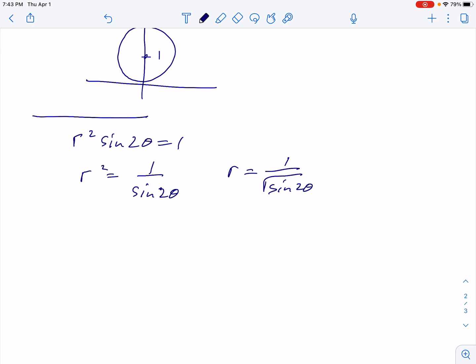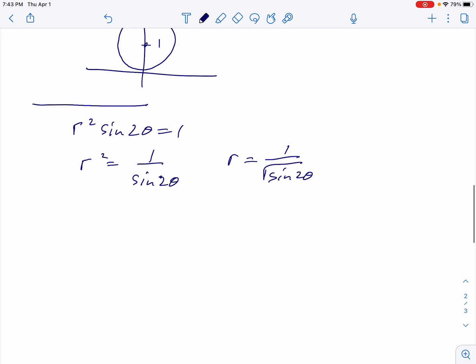Using only positive r to make the computations easier here. And we have x equals r cosine theta, so cosine theta divided by this, and y will be sine theta divided by this.